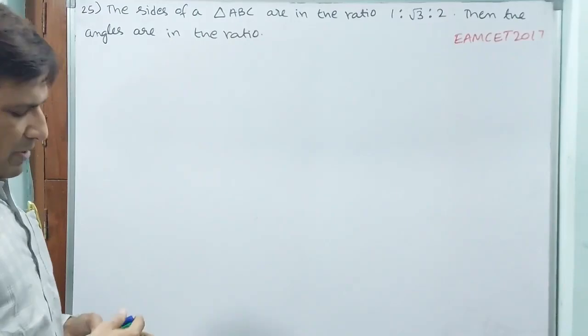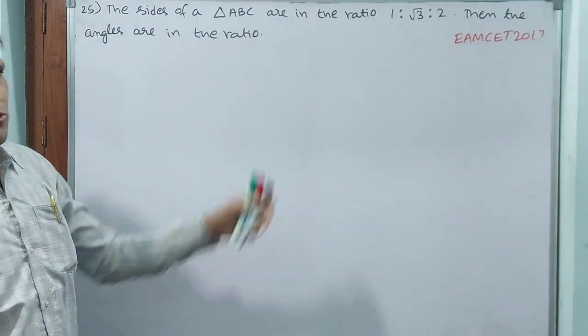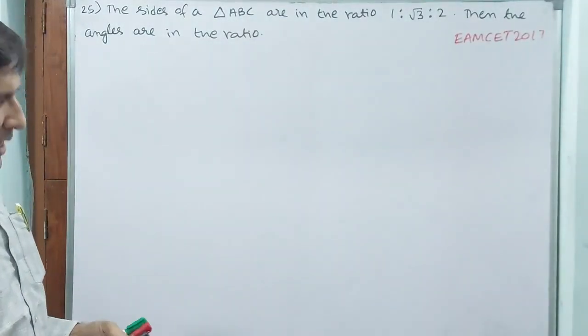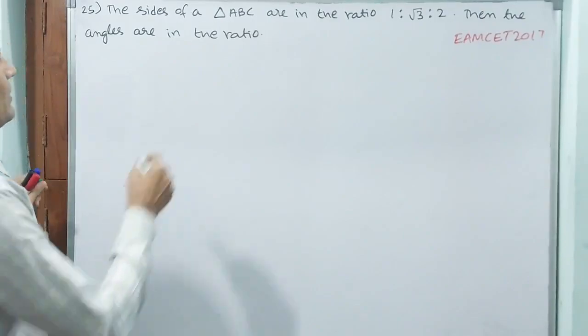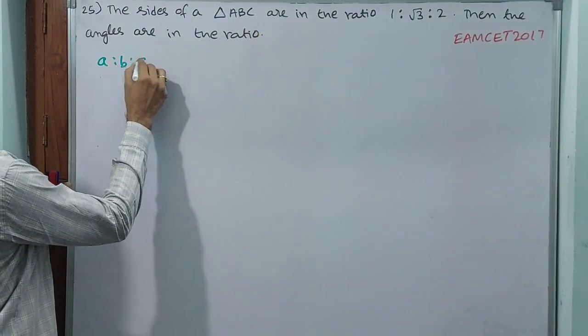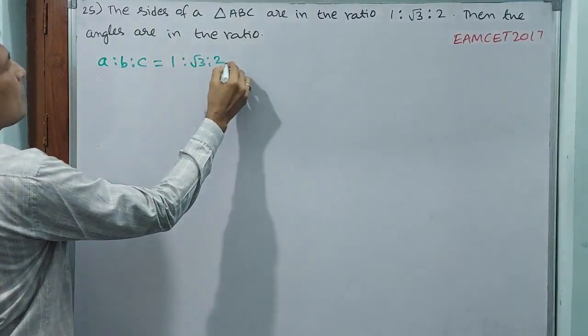Let us see why. Because normally we know a by sin A, b by sin B, c by sin C is equal to 2R. That formula if you apply, then we are going to get this ratio. Let us apply that formula. Shall I write like this? a is to b is to c is equal to 1 is to root 3 is to 2.